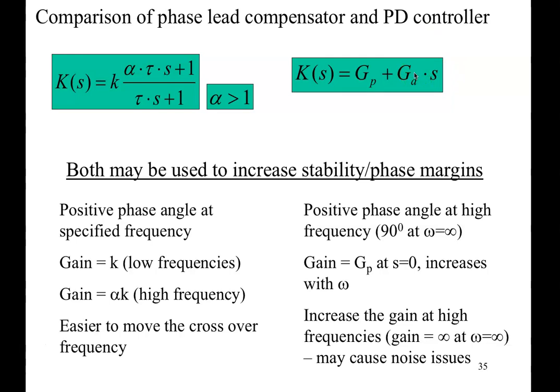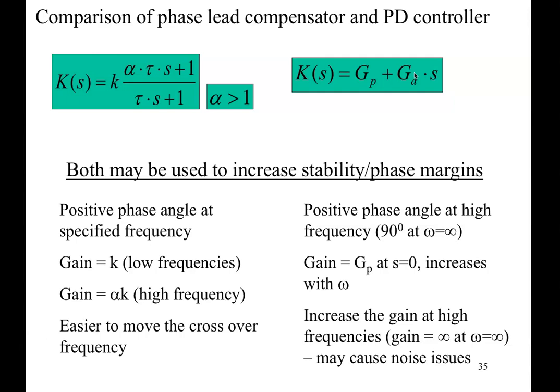So we have to be a little bit careful because sometimes we have problems with noise. Noise often happens at high frequencies. So if your gain, or the AC gain, at high frequency is high, it tends to amplify the noise. That's really one of the drawbacks of using a PD controller.